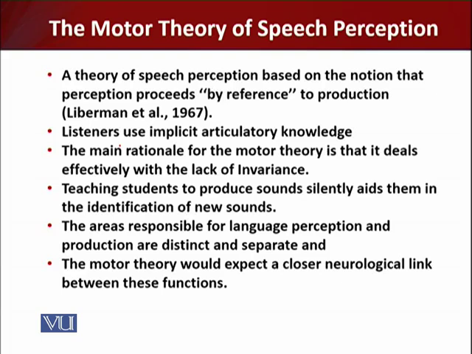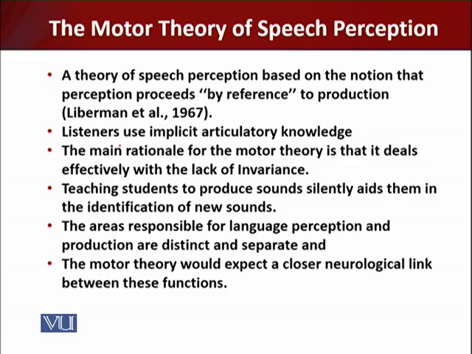Now, according to them, this point that perception proceeds by reference to production is highlighted in the area that listeners use implicit articulatory knowledge. That knowledge is about how sounds are produced, as an aid in perception.